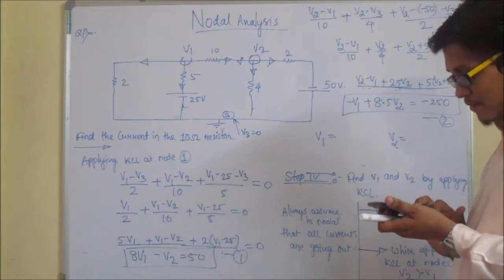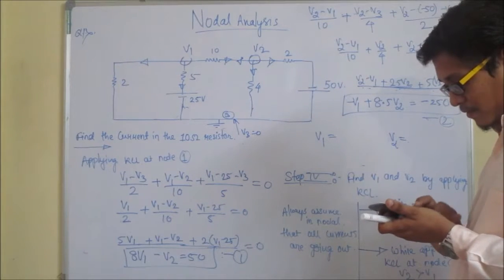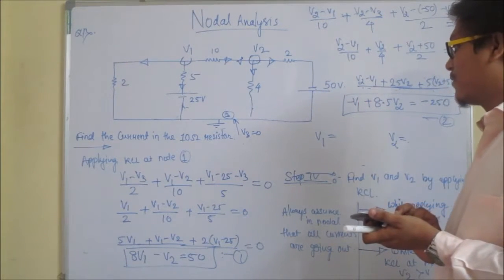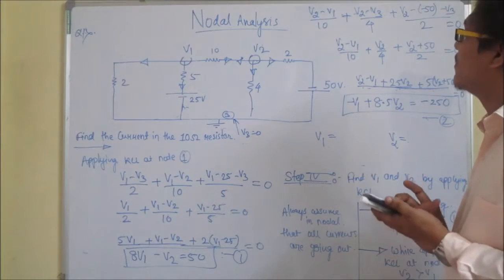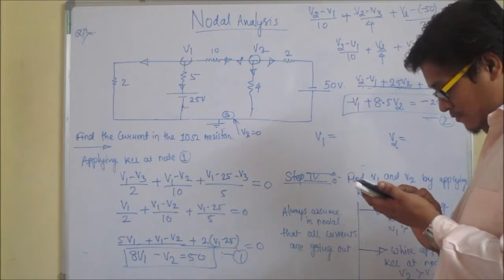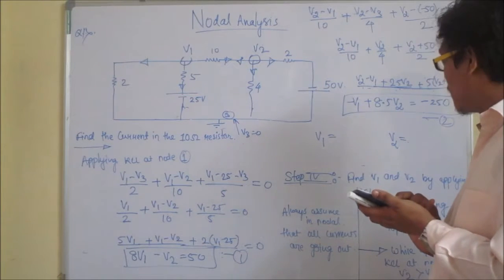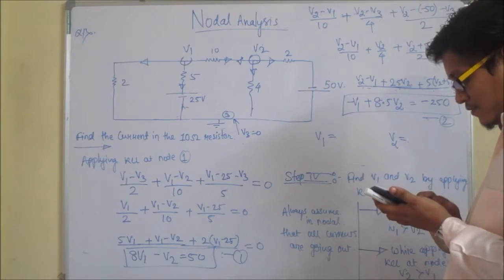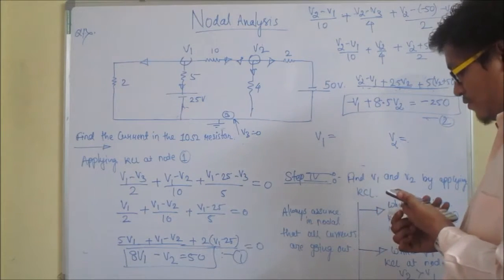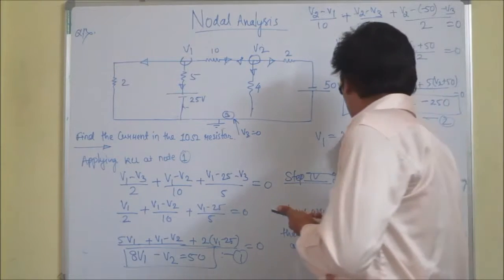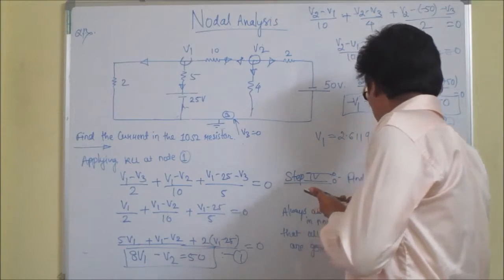Eight minus 1, 50, then over here minus 1, 8.5, 2.6 volts.